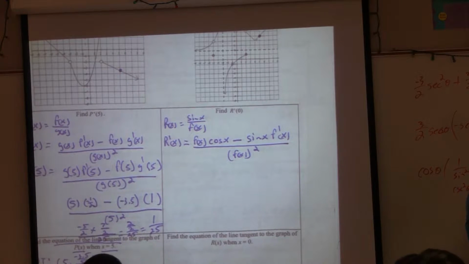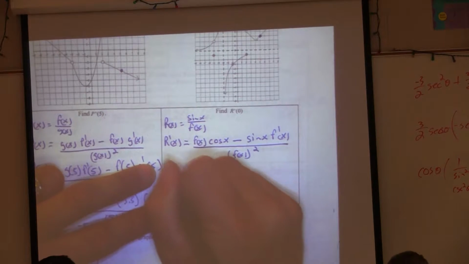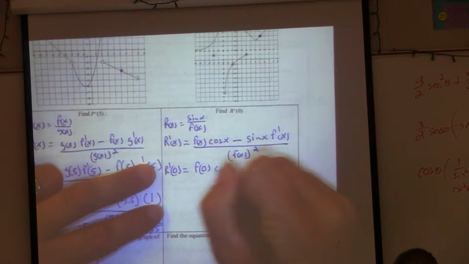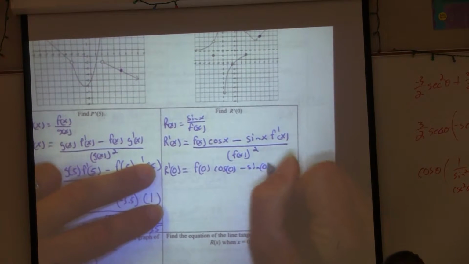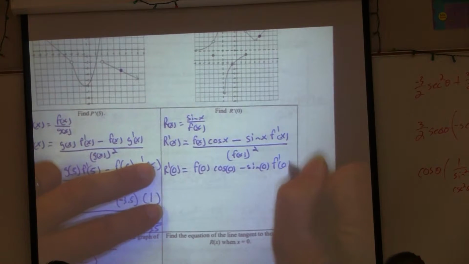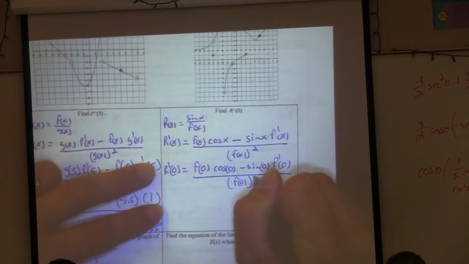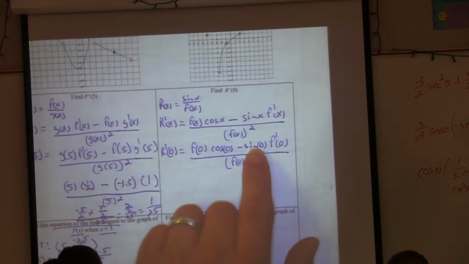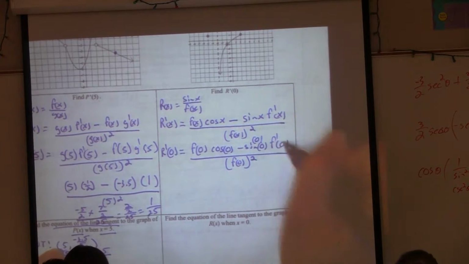Yes. Now we need to plug in what? 0. So that's f of 0 times cosine of 0 minus sine of 0 times f prime at 0, all over f of 0 squared. What's sine at 0? 0 times f prime of 0 is going to give me what? 0, right?